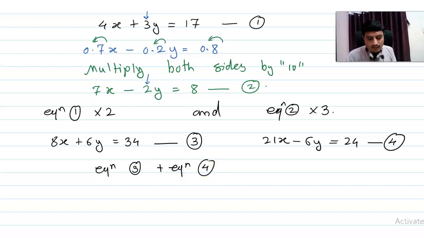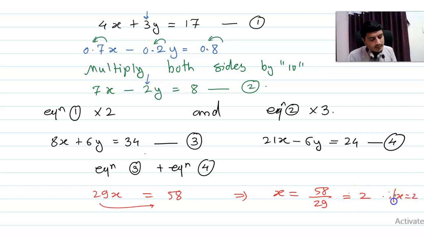Since the coefficients of y have unlike signs, we have to add them. 8x plus 21x gives 29x. 6y minus 6y gives 0y, which cancels. This equals 34 plus 24, which is 58. To find x, shifting 29 we get 58 divided by 29, which is 2. So the value of x is 2.